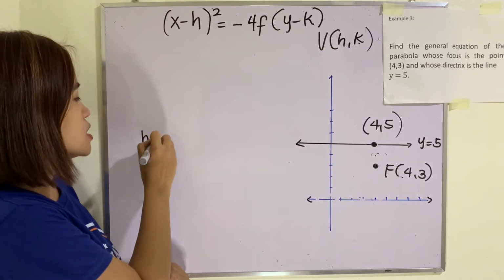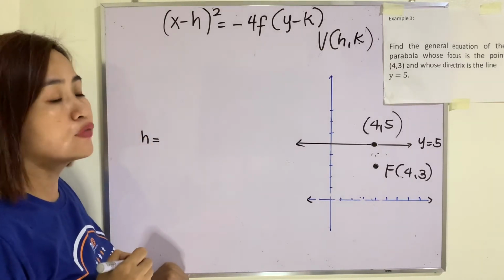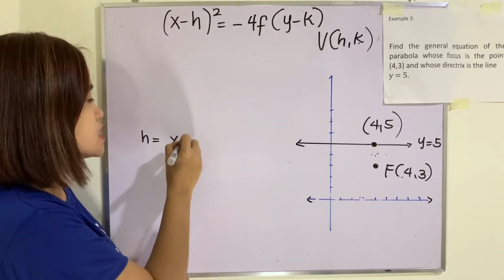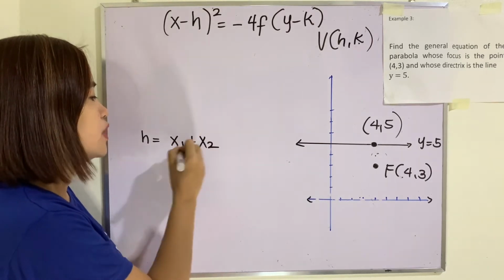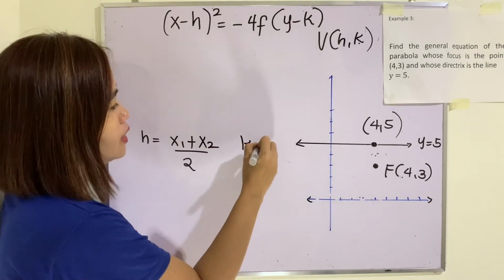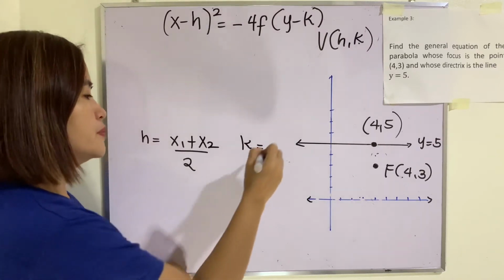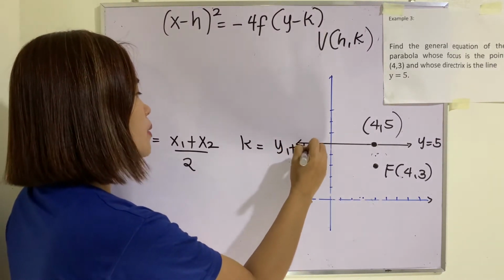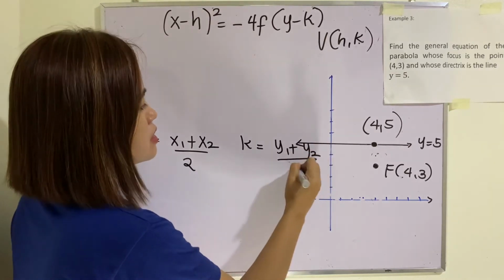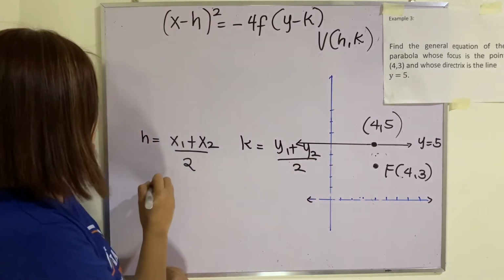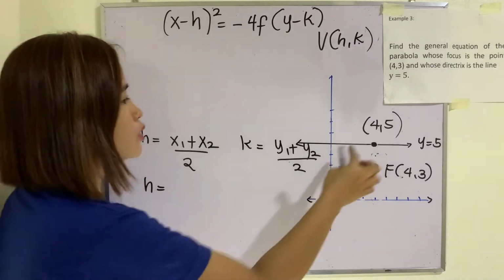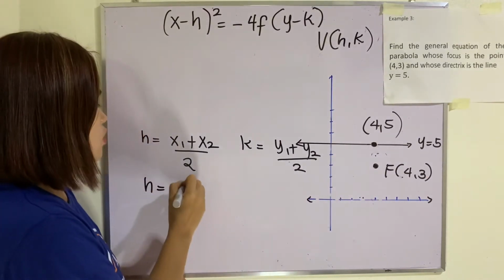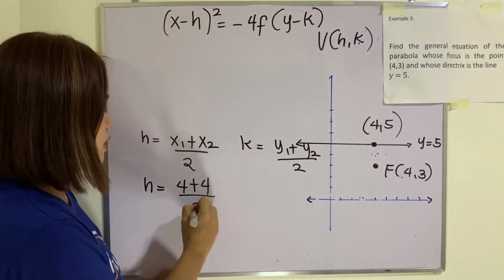So the h is the x-coordinate of your vertex. So this is x sub 1 plus x sub 2 divided by 2. And your k is, of course, the y-coordinate of your vertex. So h is equal to 4 plus 4 divided by 2.